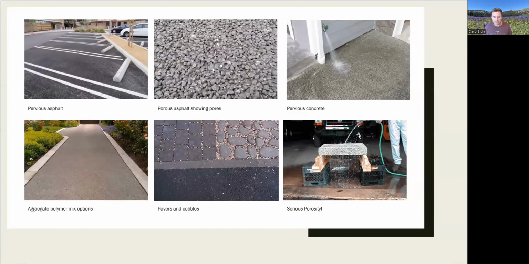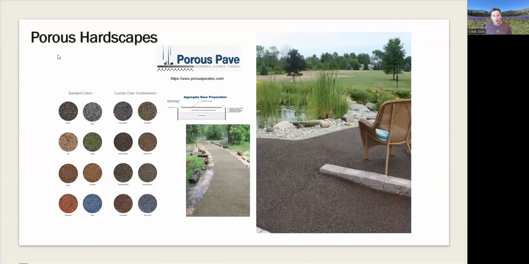So the result is a little bit of a Rice Krispie treat looking concrete that acts and functions just like concrete, but it allows water to flow directly through it. When you're using systems like this, of course, you can color them, you can make them look a little bit different, you can dress them up, use different aggregates. So a lot of options with this.